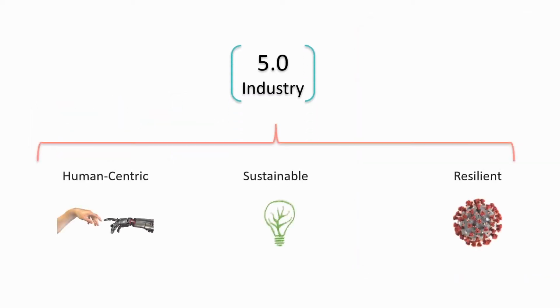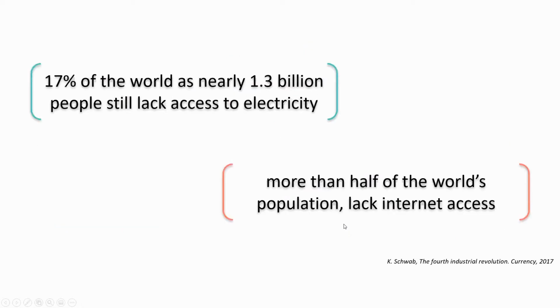So the key points are really to focus on the human at the center, and not to have this machine-centric approach. Of course, sustainability, which is a big topic, and also how to be resilient. So what is called Industry 5.0 is taking those into account. But we also want to be a little bit realistic.